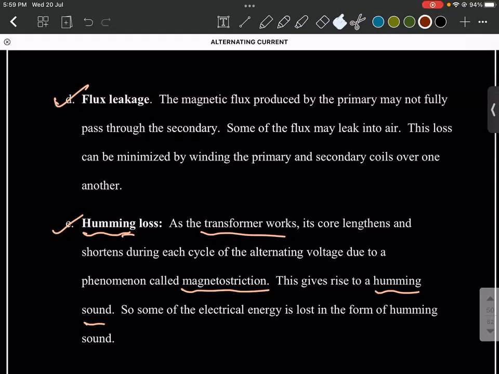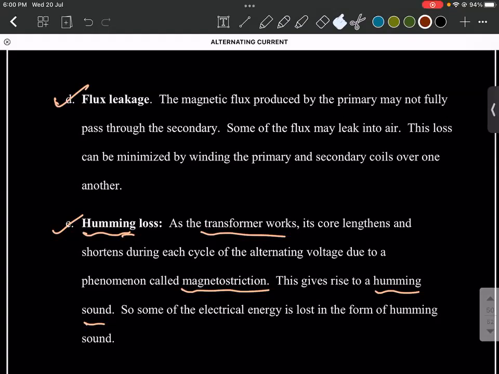So its length keeps changing. During the process of magnetization and demagnetization, there will be an increase in length and decrease in length, and this process is called magnetostriction. Due to this, a humming sound gets generated, and energy is lost in the form of sound.